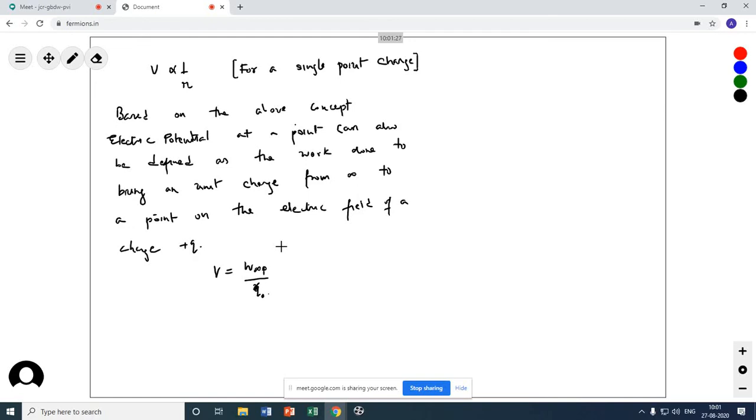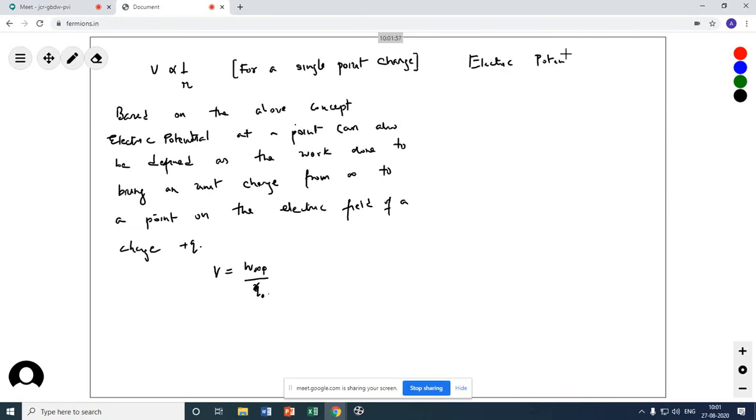And why infinity? Because at infinity we consider the electric potential to be 0. We have to go very, very far where V is almost 0. There is no effect of any other charge's potential there. That's why infinity.